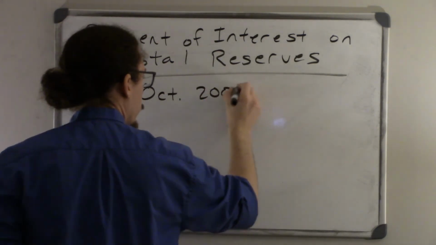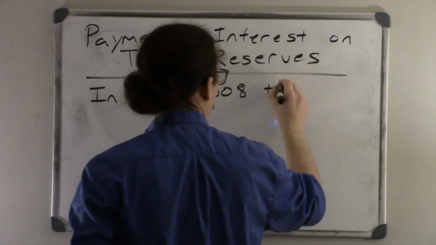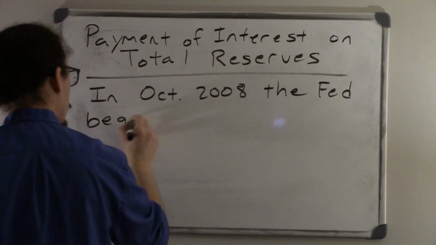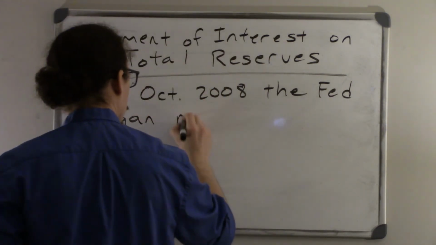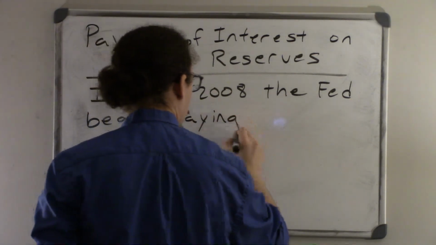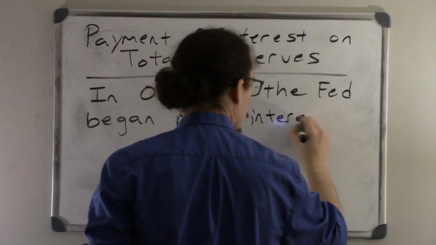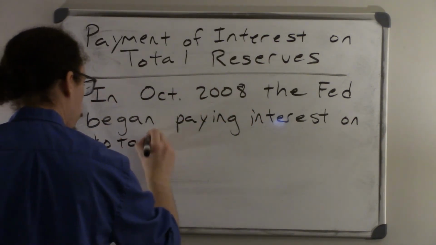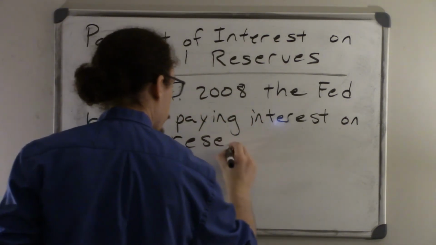In October of 2008, the Fed began paying interest on total reserves.